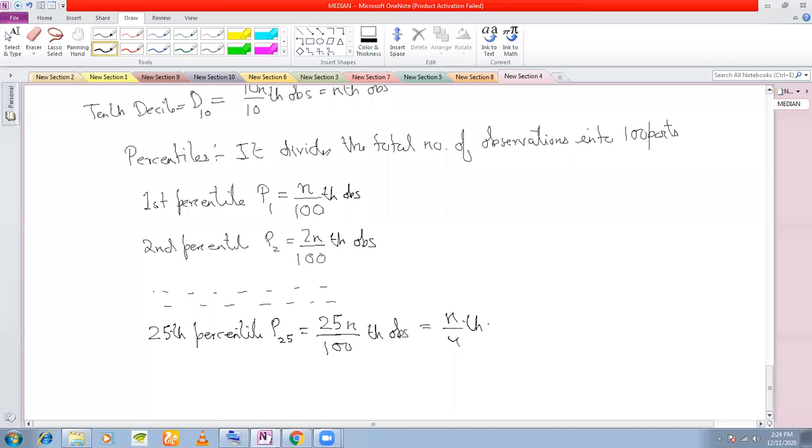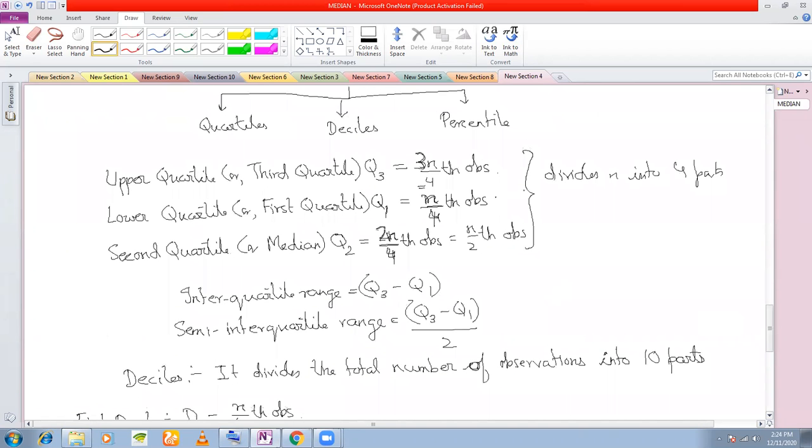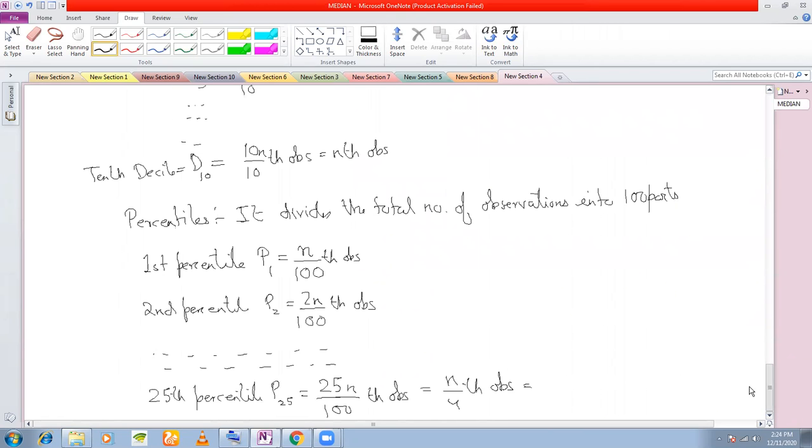And what is the n by 4th observation? Look up. The lower quartile, Q1, yes. It is equal to Q1.